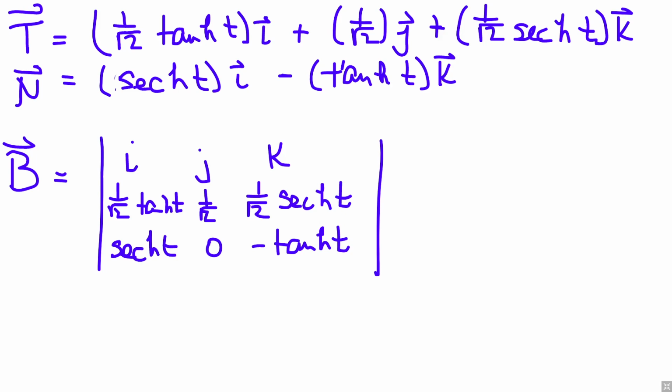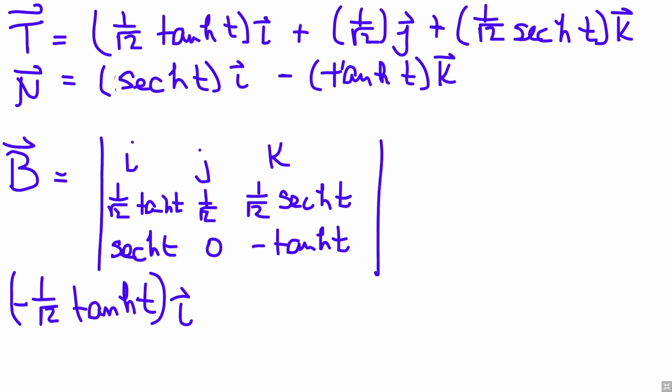Okay, so for the i component, we're going to end up with negative 1 over the square root of 2 tangent hyperbolic of t in the i direction.